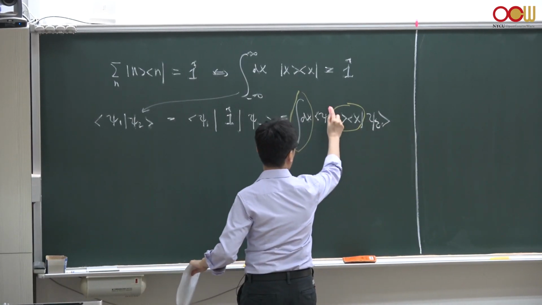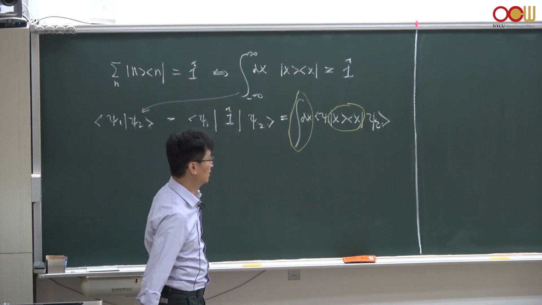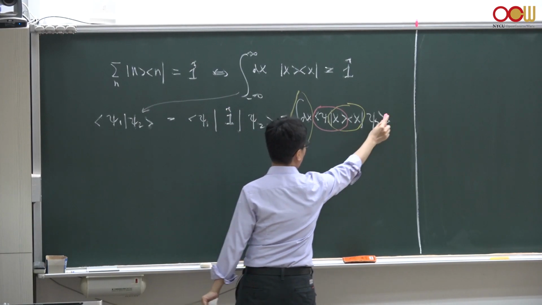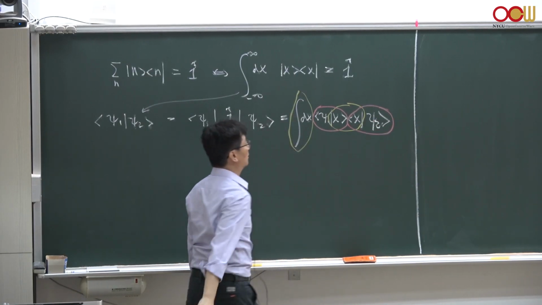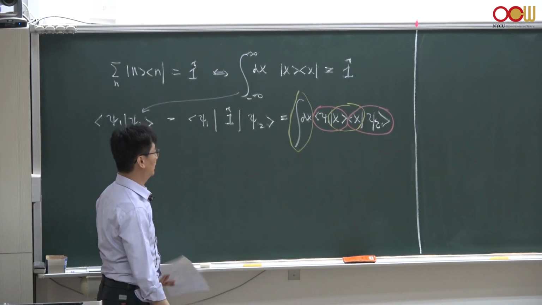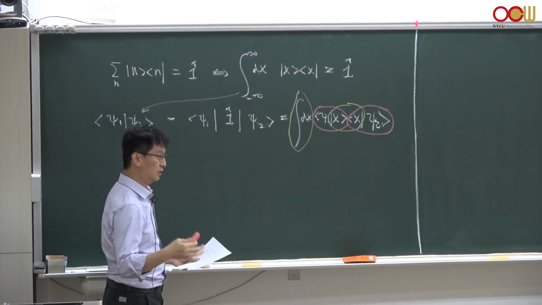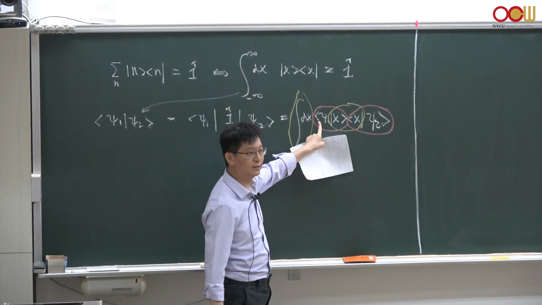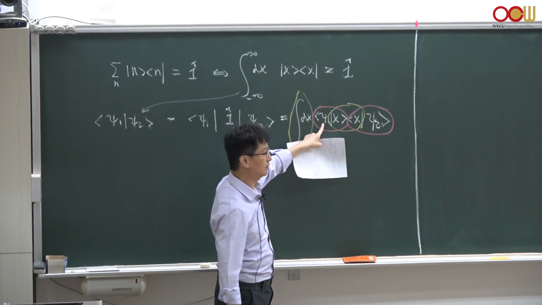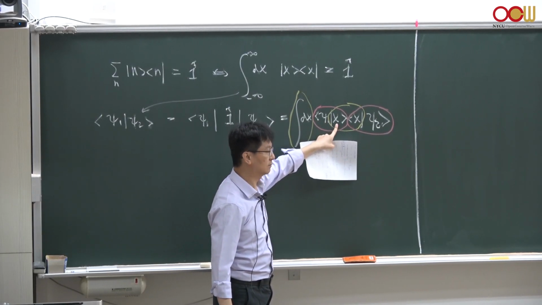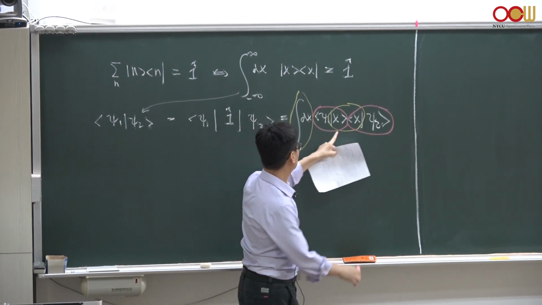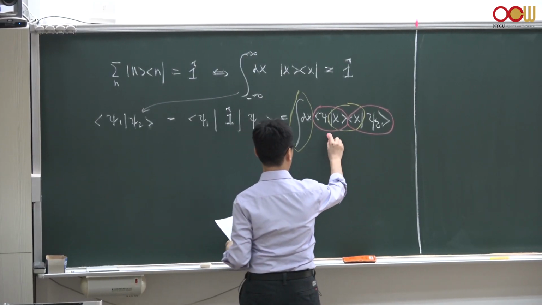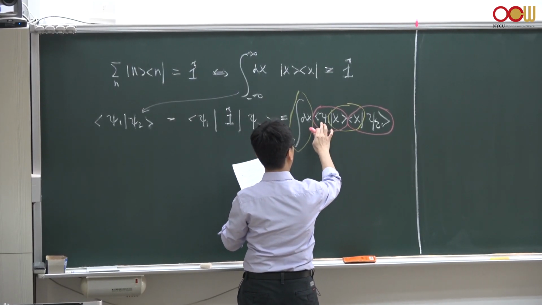So now I can look at this integral in a different way. Suppose I do not look at this yellow circle, but at this red circle right there. If I use the correct interpretation of this projection, remember this is a projection, right? Between psi 1, the bra state, and the x eigenstate. And this is another projection between psi 2 and x. What is this projection between psi 1 and x?